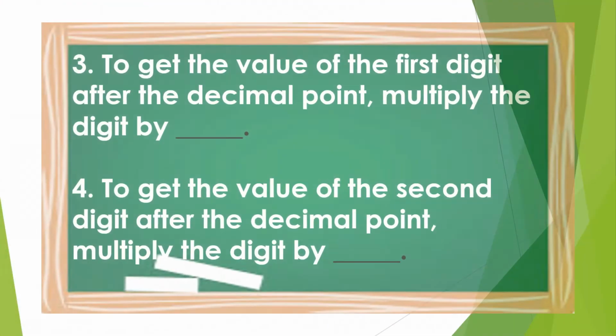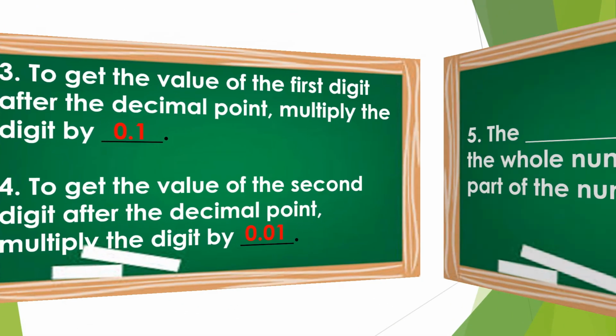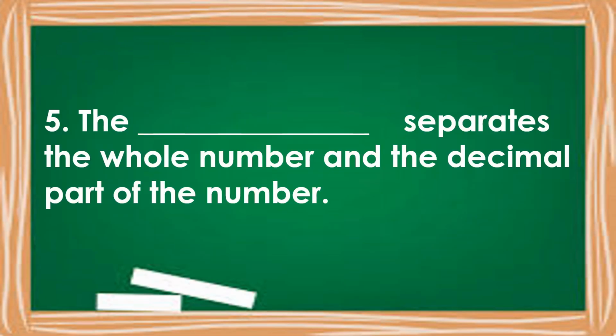Number 3, to get the value of the first digit after the decimal point, multiply the digit by 1/10. Number 4, to get the value of the second digit after the decimal point, multiply the digit by 1/100. Number 5. The decimal point separates the whole number and the decimal part of the number.